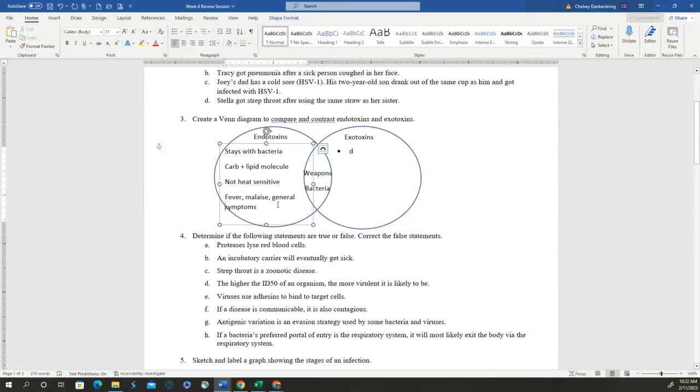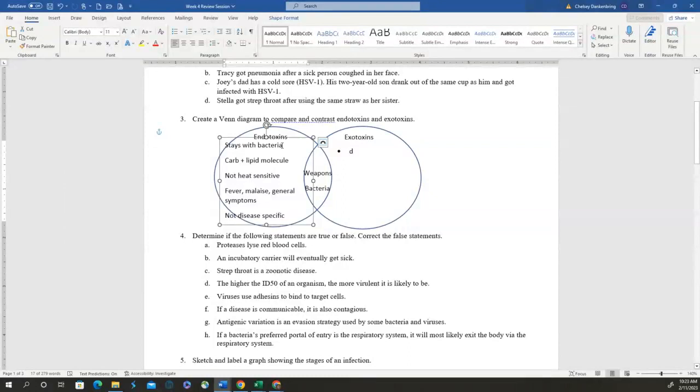So that's going to be a big difference between these endotoxins and exotoxins, okay? So because they give the same general signs and symptoms, we say that an endotoxin is not disease specific. So in this class, we're mainly going to talk about LPS.